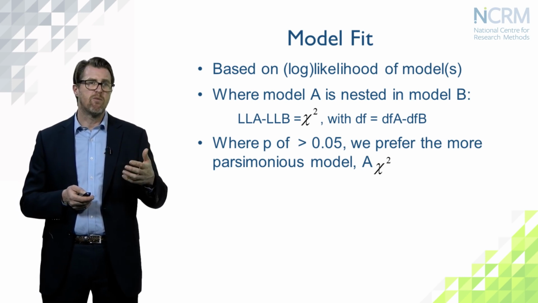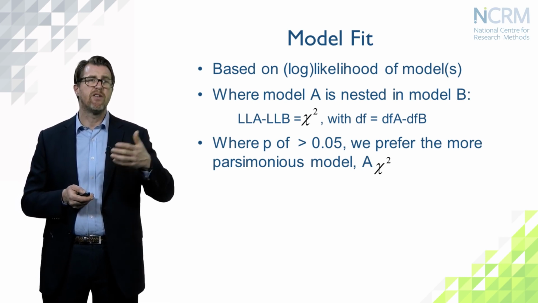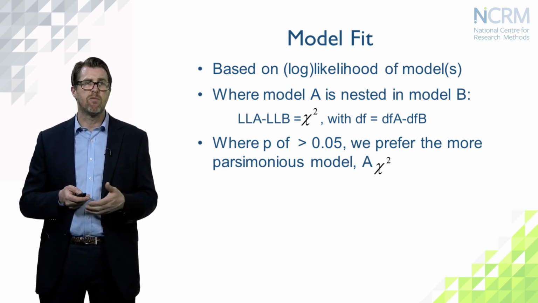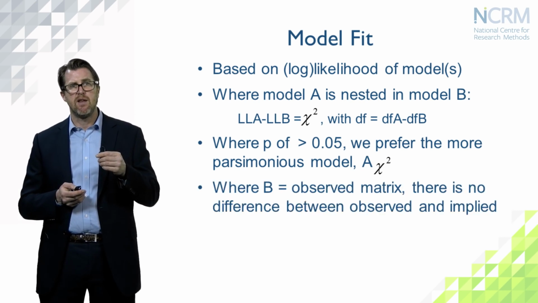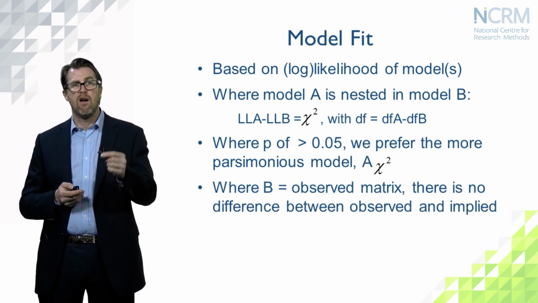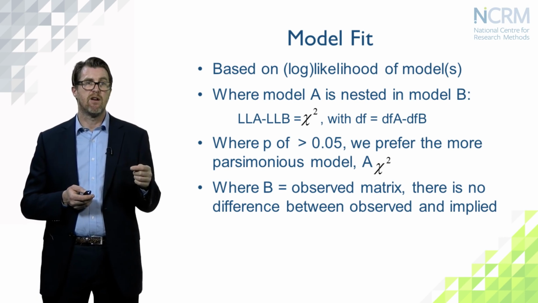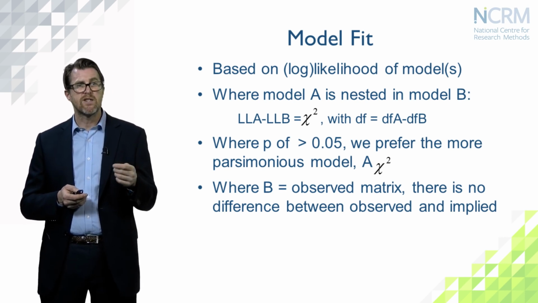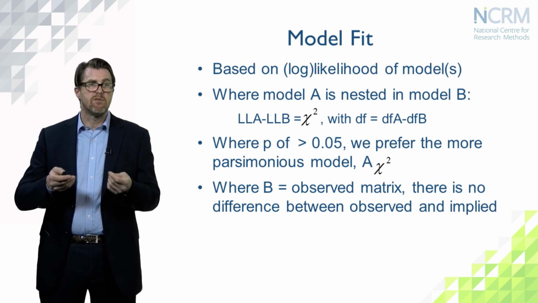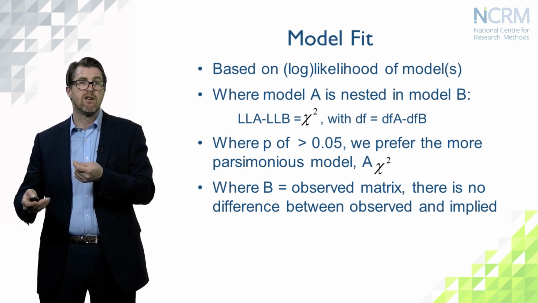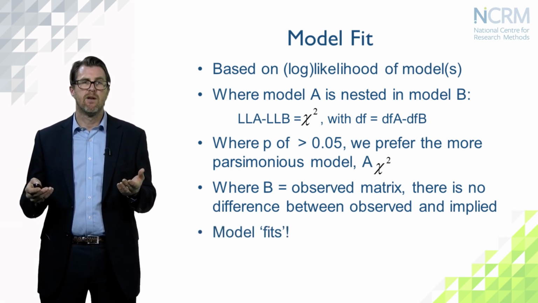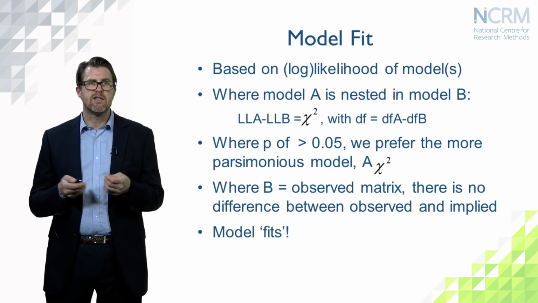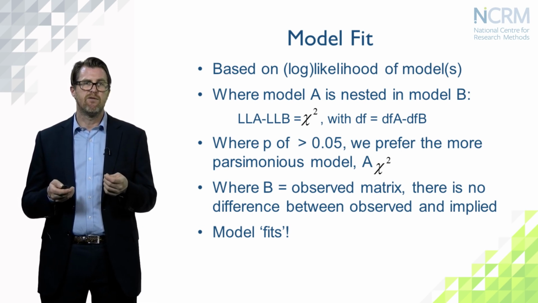That means that we will prefer the model that is simpler and is estimating fewer parameters. So where model B would be our observed data, the variance covariance matrix, then we're saying that there is no difference between the observed and the implied matrices, and our model therefore fits the data well. So that's the essence of the assessment of model fit using chi-square in structural equation models.